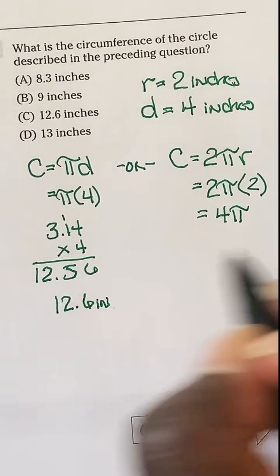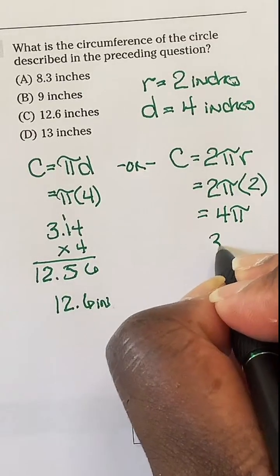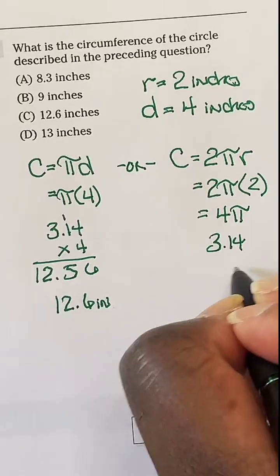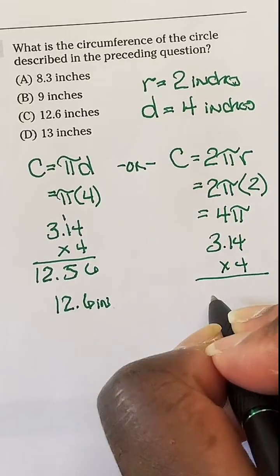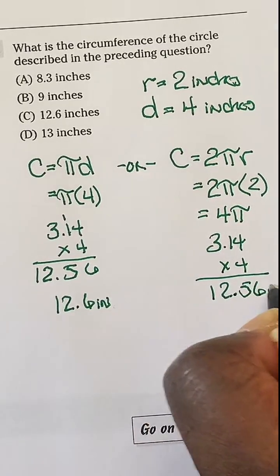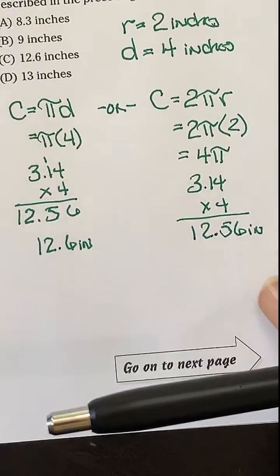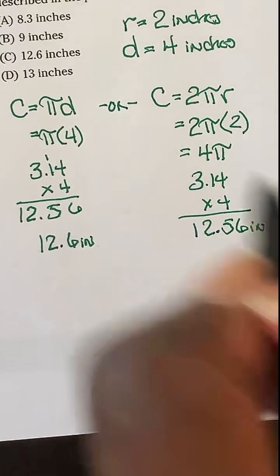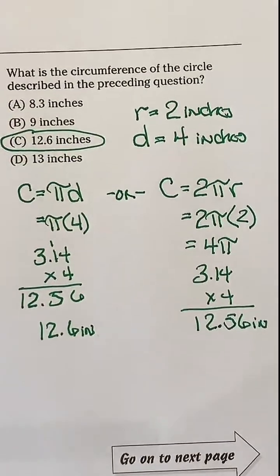Notice this and this is going to be the exact same thing. So 3.14 times 4 still gives you your 12.56. Okay, so you get the same answer, which in this case is C.